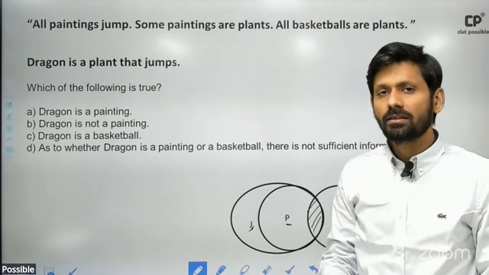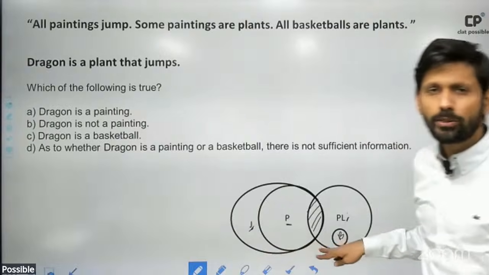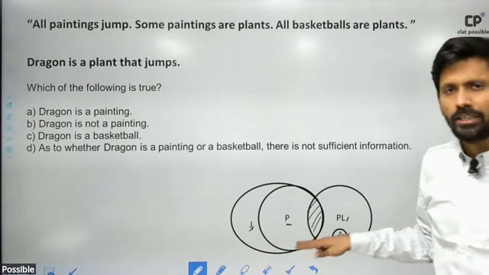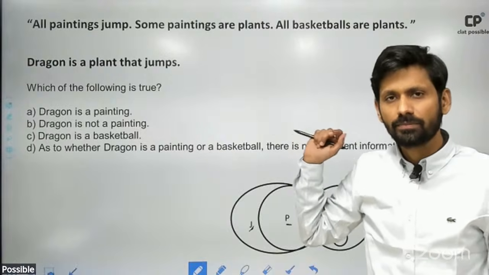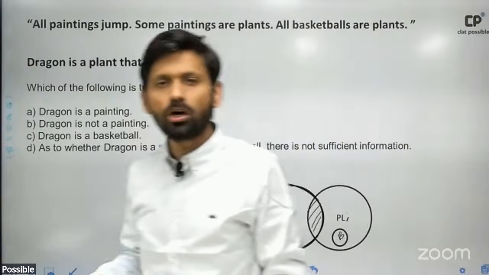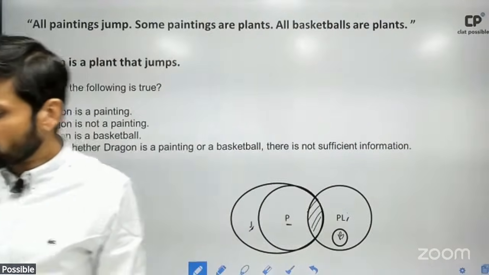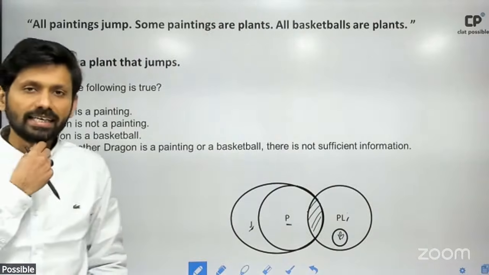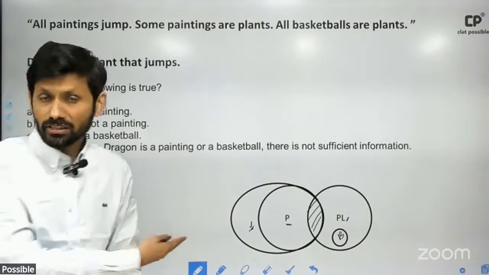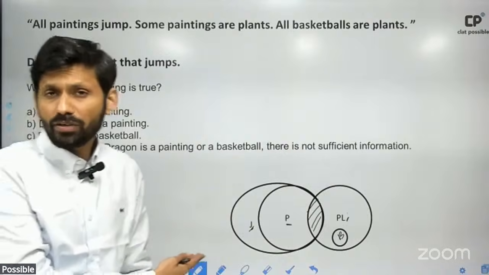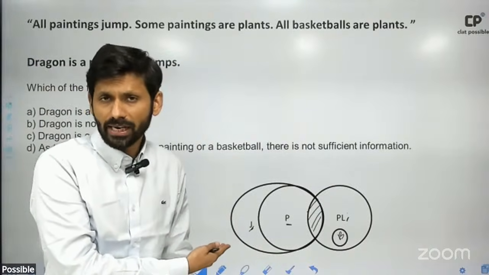But tell me, is there any other way to draw this diagram, or is this the only diagram that we can draw for the three statements? What do you think? Is this the only diagram that I can draw, or could there be more diagrams? So obviously we can draw more diagrams. This is the minimum overlap, right? Only the minimum overlap diagram.